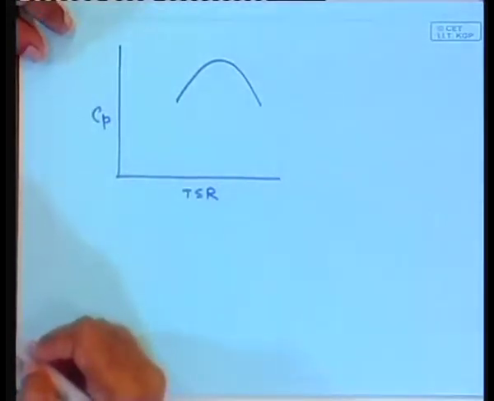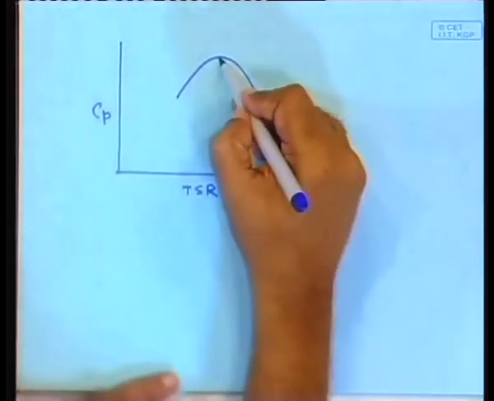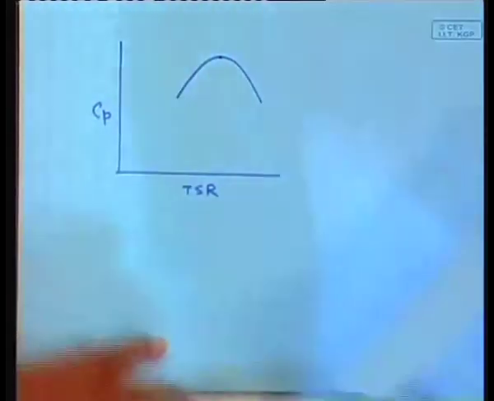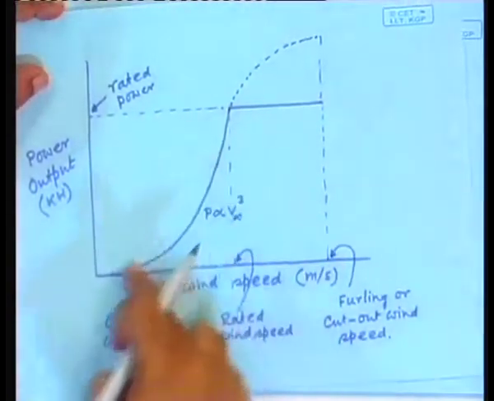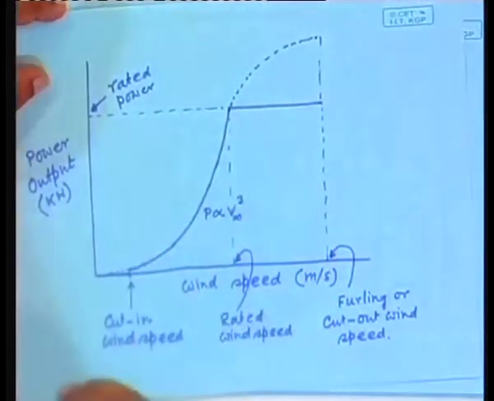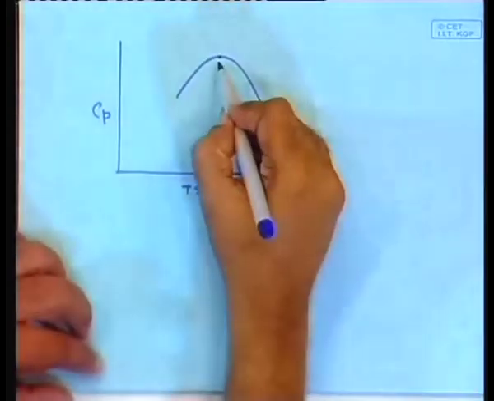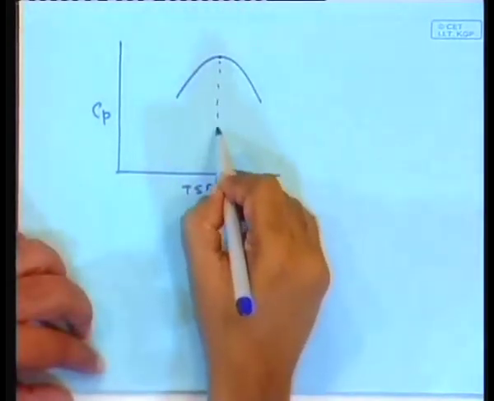What does it mean? It means that the maximum Cp is where we want to operate in this zone. We want to operate at maximum power coefficient, and that happens at a specific value of tip speed ratio.